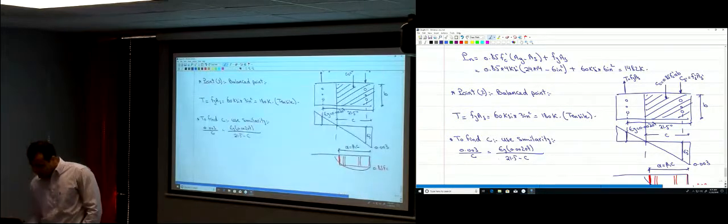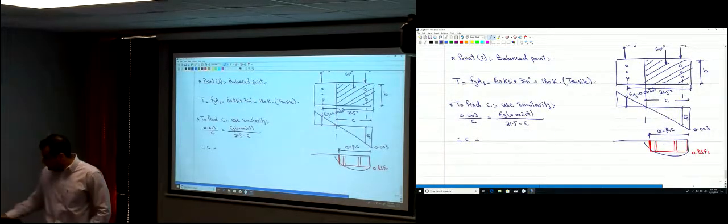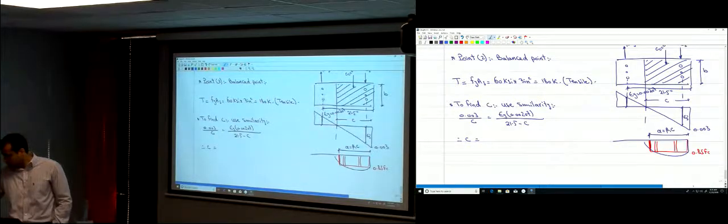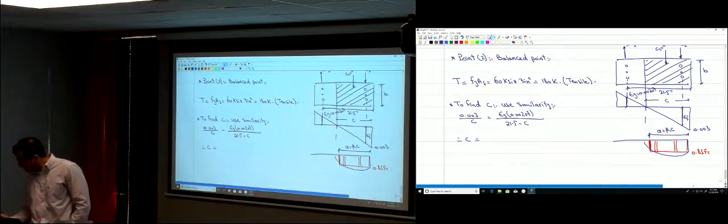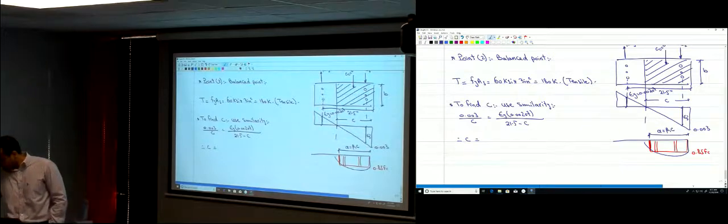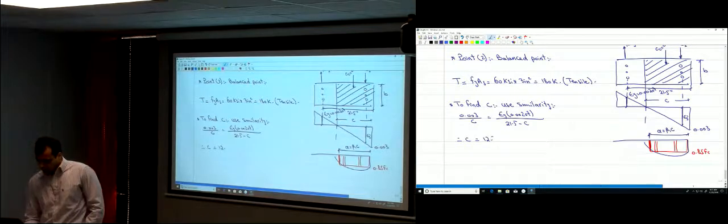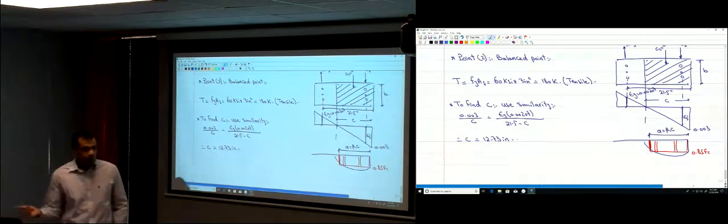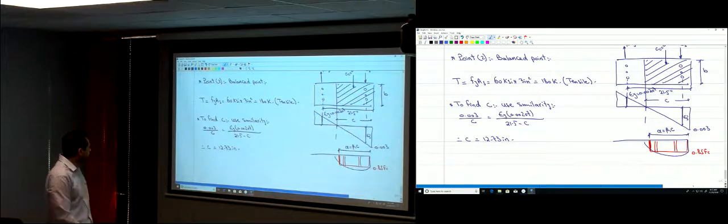Solving for c, so c is 12.73 inches. Just solving this equation.